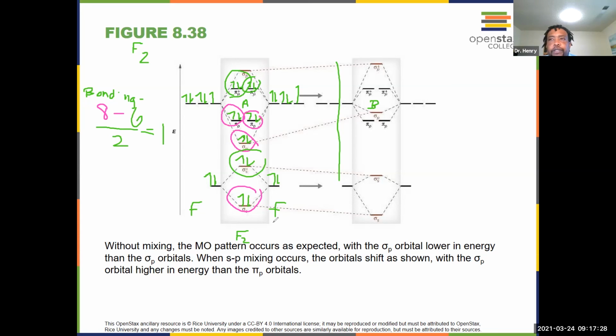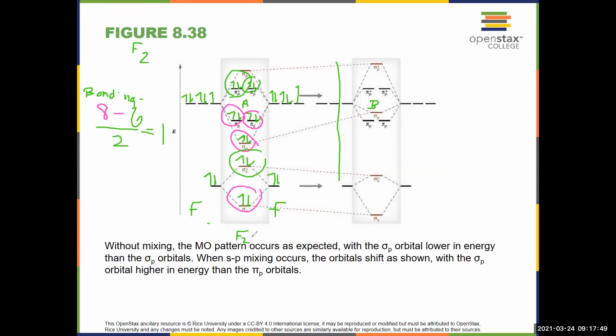The outside represents each atom. So this is the atom, just fluorine. The middle represents the molecule, so molecular orbital theory. Does that make sense? Yes.